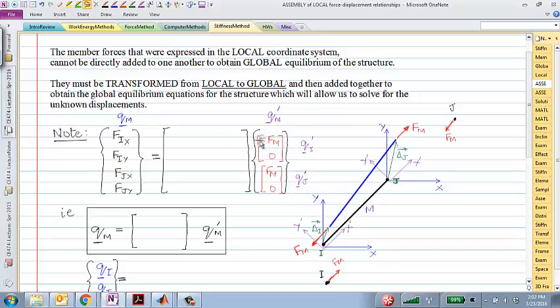If I want to convert this vector from local coordinate systems, so I have a vector Fm which points along x prime, if I want to convert that Fm vector from components in x prime, y prime to x, y, how can I do that? Is there a way for me to convert these local components to global components? How would we do that? Andrew?